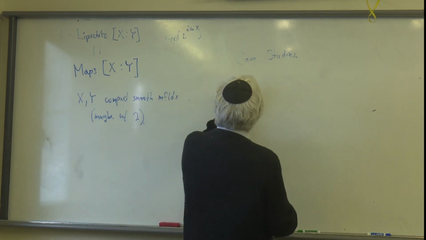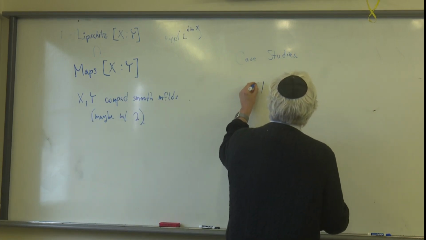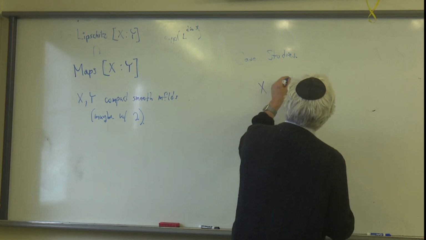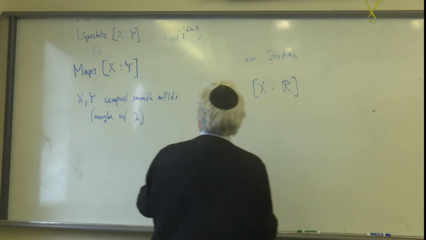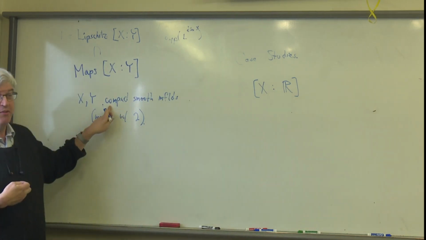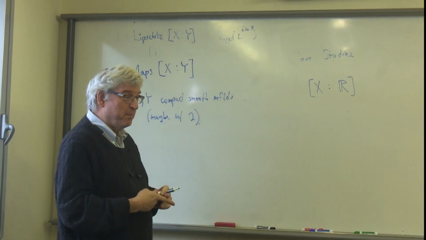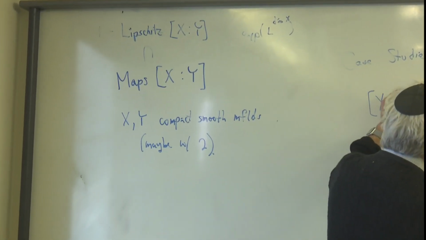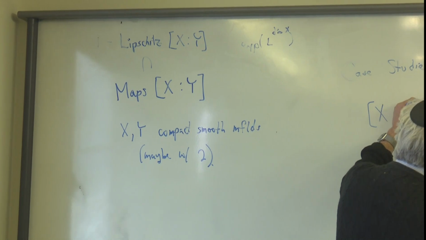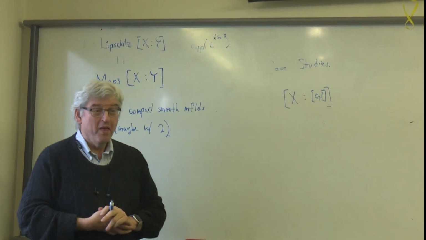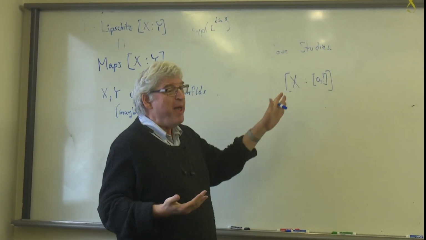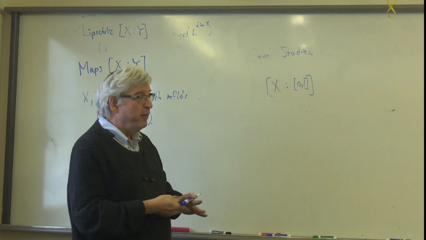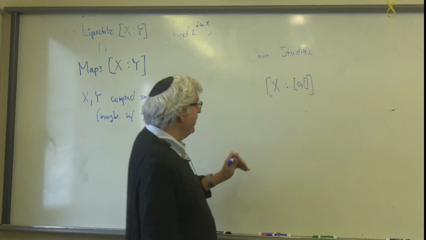Okay. So let's first consider, this one is a little bit pathetic. If I were going to map from X into an interval, this is kind of pretty boring, right?